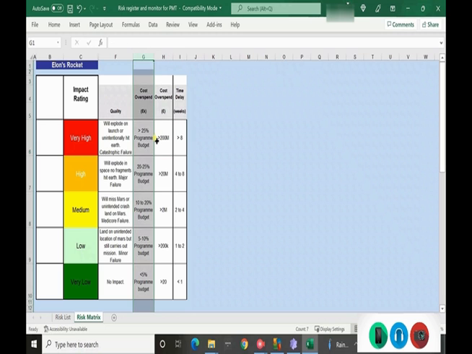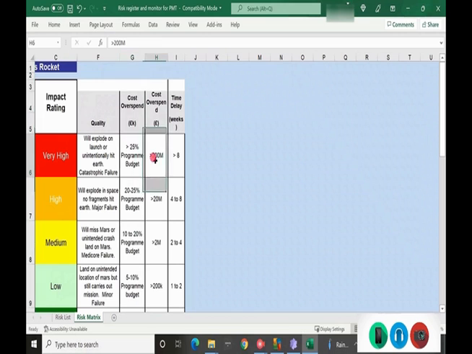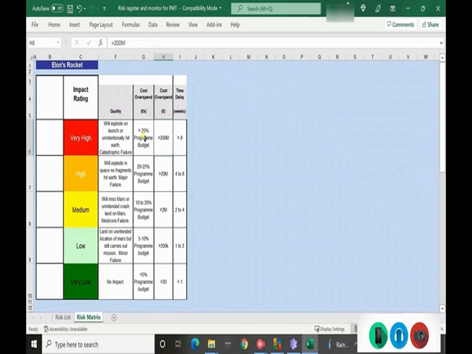The reason it's sometimes good to put it in a percentage rather than an actual figure is that if the budget you've been given is, let's say, £100, being 25% over is quite significant. Whereas if your budget is £100 million, then being 25% over is 25 million. So you might want to put it as an actual figure. It's quite important to think of that.